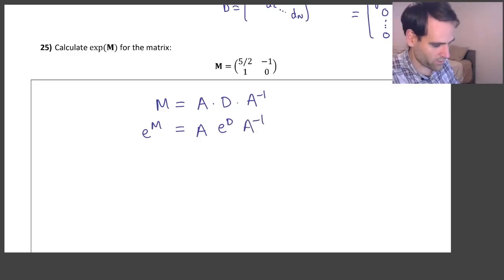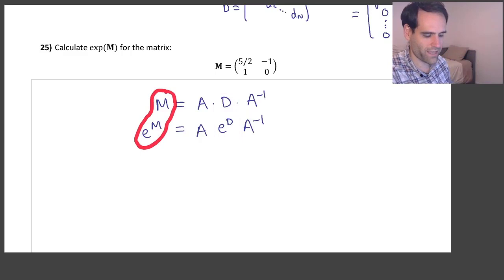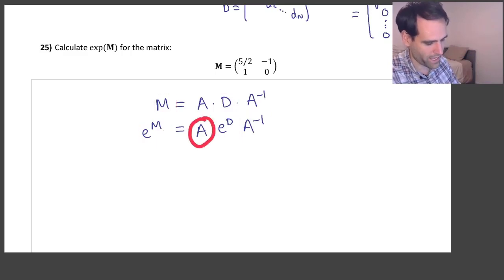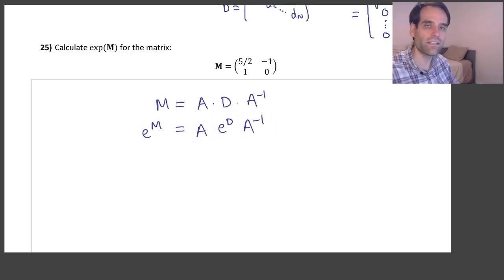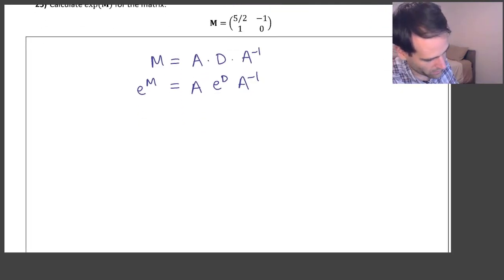Because the transformation that corresponds to D, we are doing the exponential of that transformation. But this is in the diagonal basis. In order to change it back into our basis, we just need to multiply by A and by A to the minus 1 at both sides. So therefore this suddenly becomes very easy.